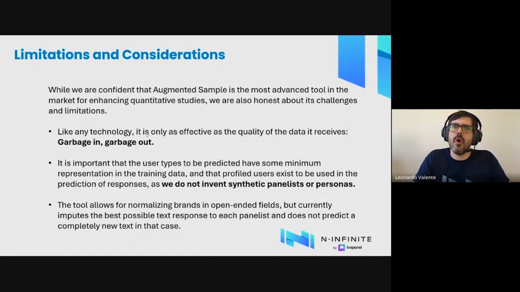So you are not going to get good results if you don't take out the bad quality or uncommitted people from the panel. Second, it's important that you have at least some minimum representation in the trained data of the hard-to-reach audiences. If you need 50 people in a segment, it's recommended that you have at least 2, 3, 4 people in this segment.